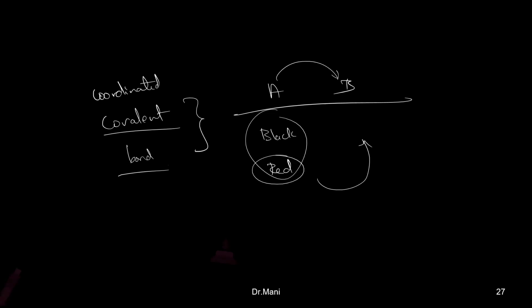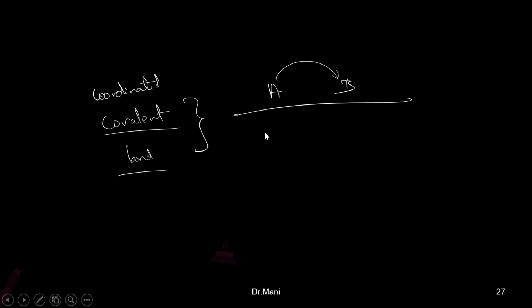So that's why it is also called a kind of dative bond. Is that clear? And what electrons will you share? The extra electrons. Usually the bond pair of electrons is involved in the bonding. The other electrons which do not usually get involved are the lone pair. So here the lone pair, A shares with B.